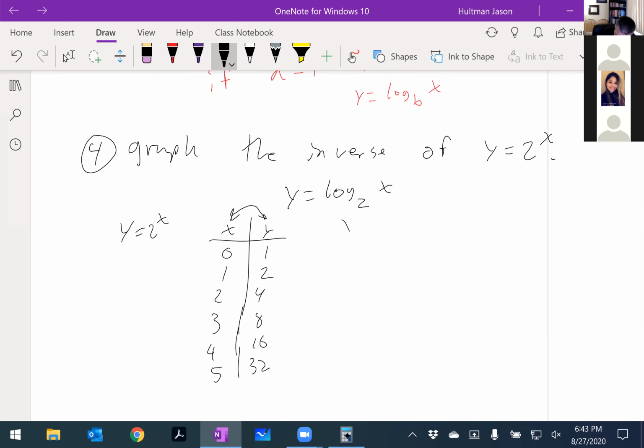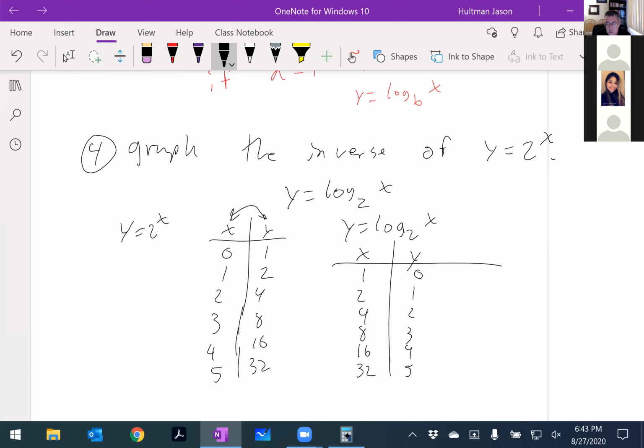For y equals log base 2 of x, the x's are now the y values 1, 2, 4, 8, 16, 32, and the y's are now 0, 1, 2, 3, 4, and 5. So I just swap them.